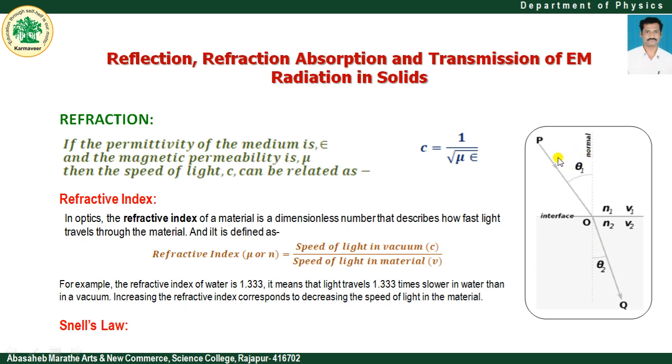So in vacuum the speed of light is nothing but c, whereas in a material the speed of light decreases and it is given by the small letter v. Here c is always greater than v. Now further we will see about Snell's law.